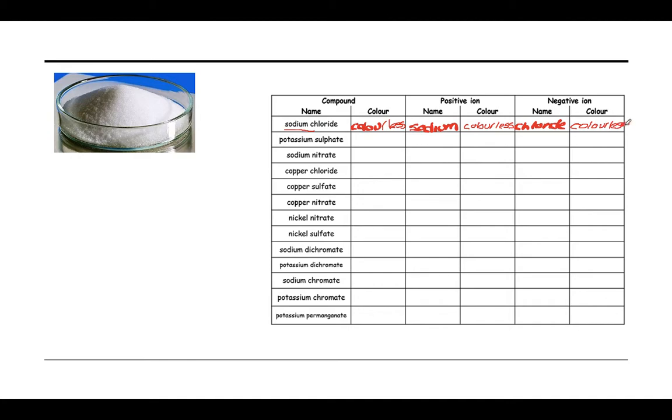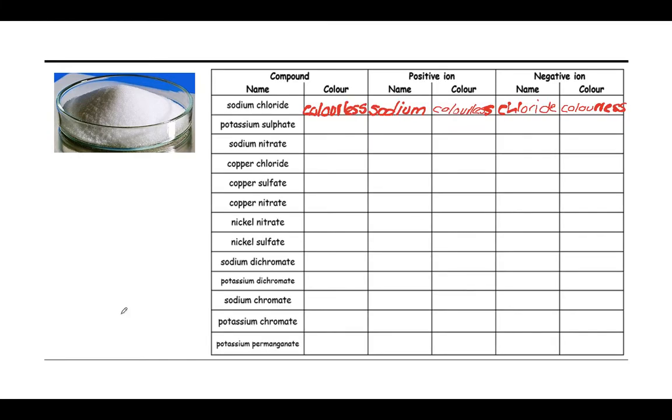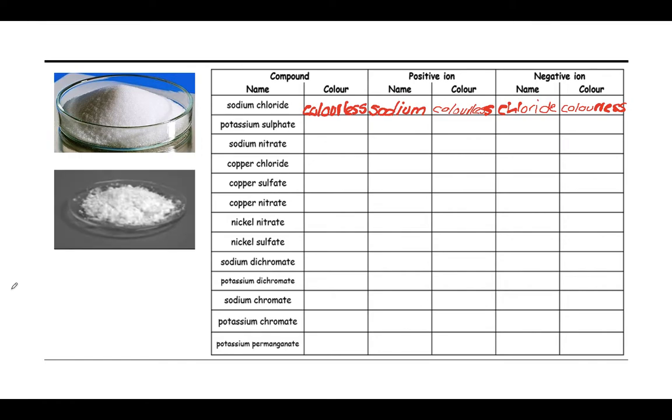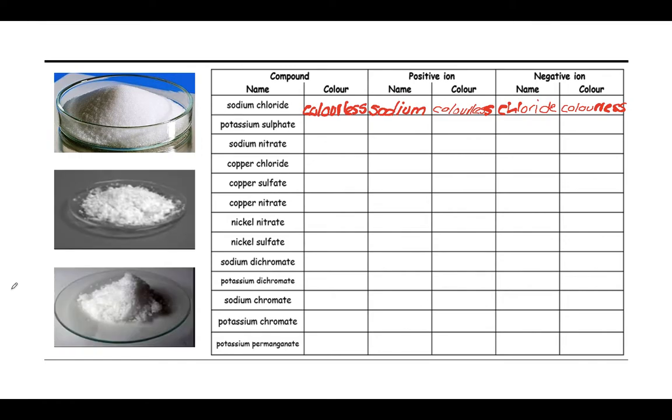is colourless. So on our colour of ions display, there are another two colourless compounds, potassium sulfate and sodium nitrate. Now, just with sodium chloride, if the whole compound is colourless, that means that the ions that make up the compound are also colourless. So, potassium sulfate is this one here.